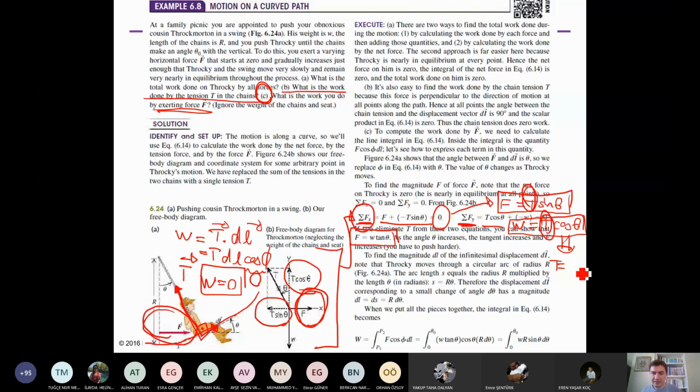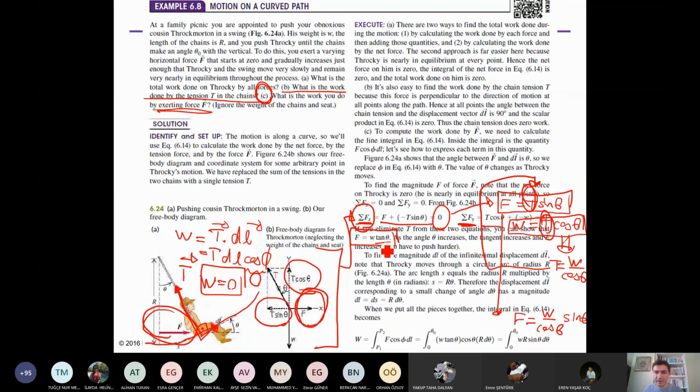Then this force will be like this: F is equal to, instead of T, weight over cosine theta, times sine theta. Sine theta over cosine theta gives tangent theta. So force is given by W times tangent theta. Okay, now we have found the force applied by yourself in terms of weight and the angle theta.